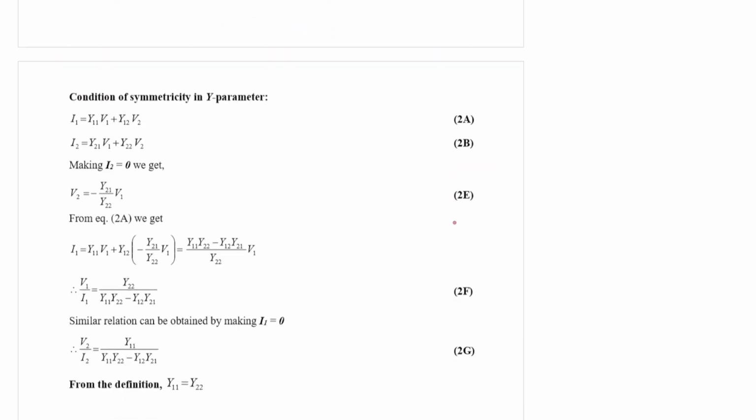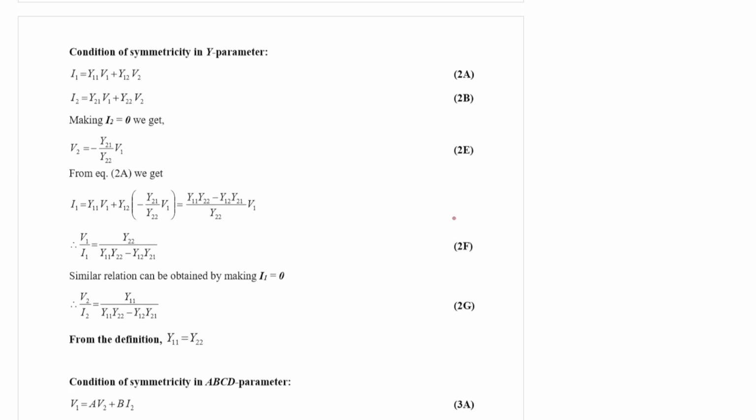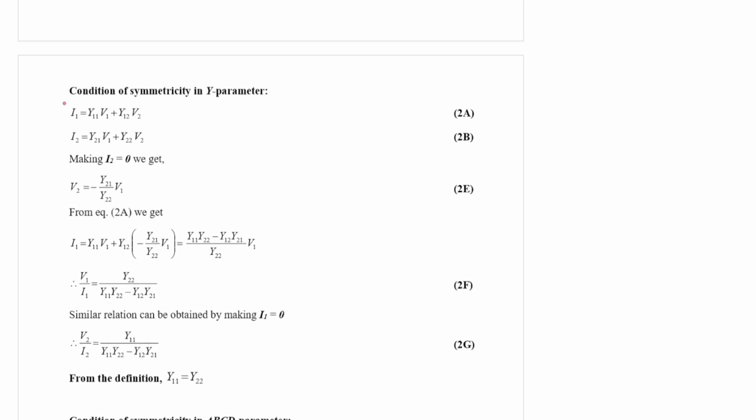Now let us move on to the Y parameters. These are the two fundamental equations of Y parameters: I1 is equal to Y11 V1 plus Y12 V2, and I2 is equal to Y21 V1 plus Y22 V2. We have the same network, let us say any network. We are exciting it from the primary side V1, which injects some current I1.